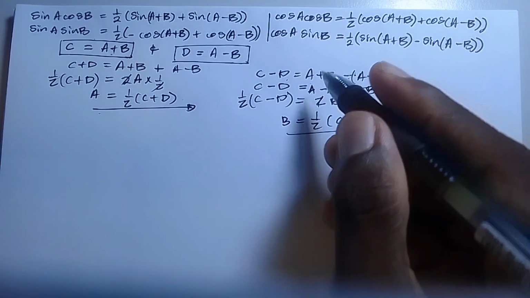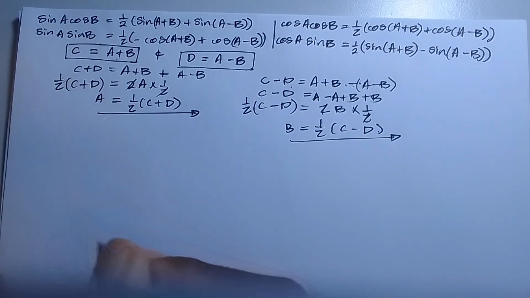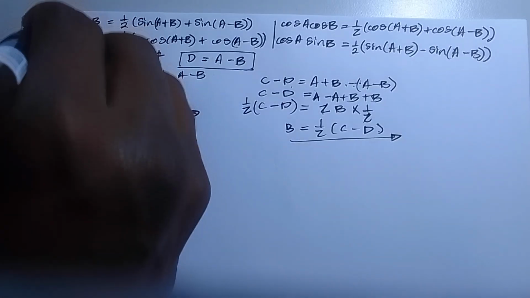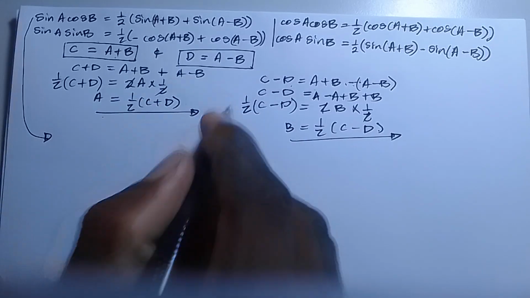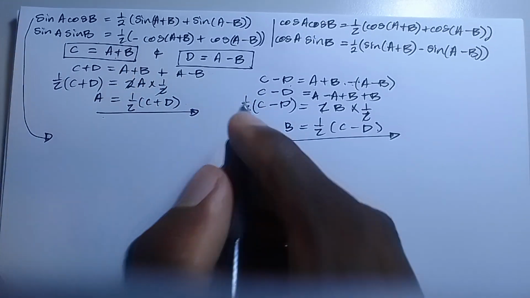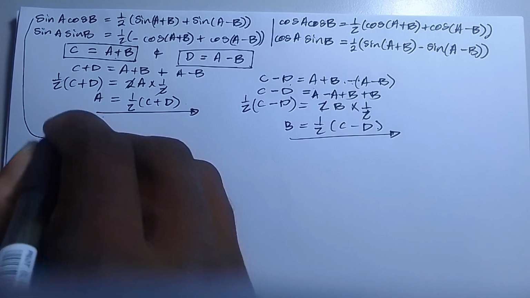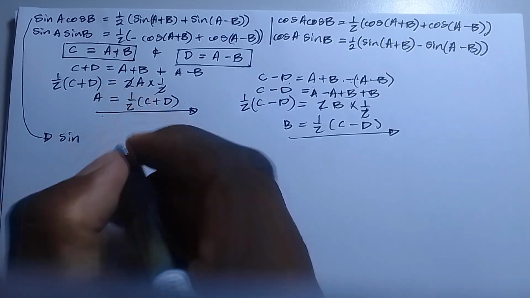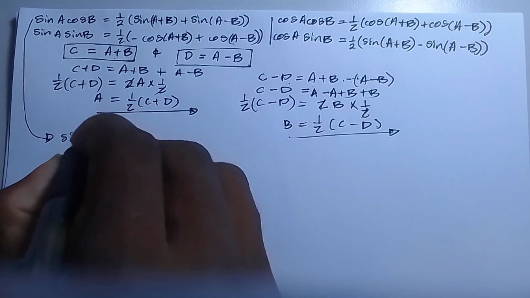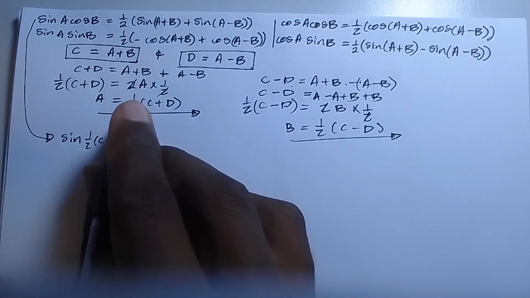Right, now when we have this, everything becomes easy for this question, because all we're going to do is we're going to take that formula, we're going to substitute everything in terms of D and C. So we have sine A, but A is now half C plus D, right? That's our A from here.